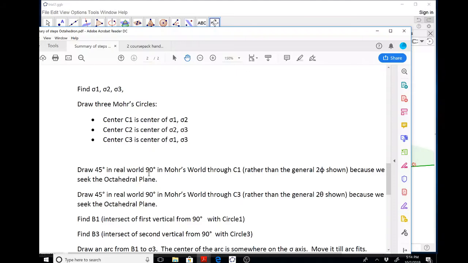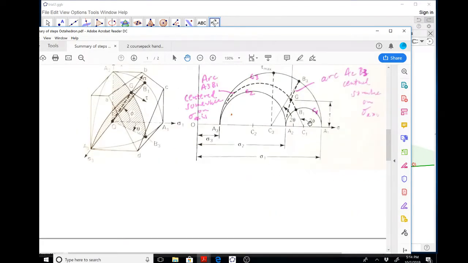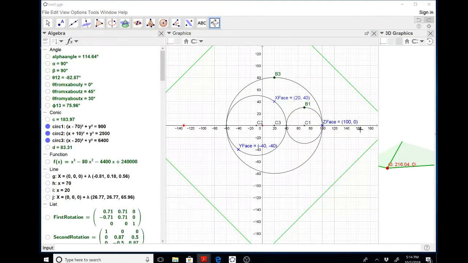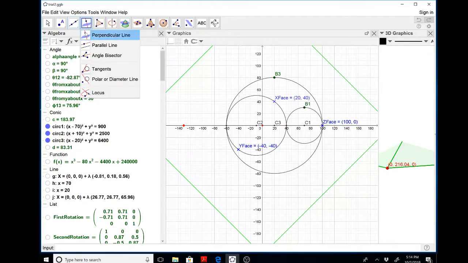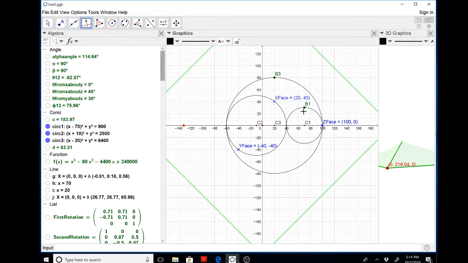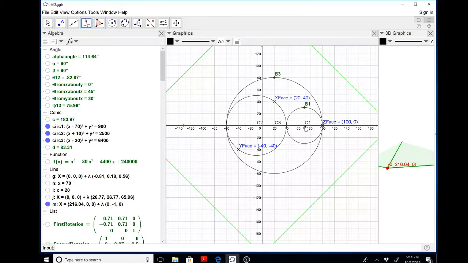Then we do this step here where we are going to draw 45 in the real world, which is 90 degrees in Mohr's world, 3 through C1. So this angle will be 90 degrees through C1. So how do we do that? Well, obviously it's super easy in this program. Here it is, perpendicular line through C1.